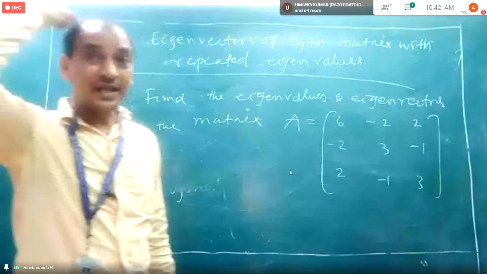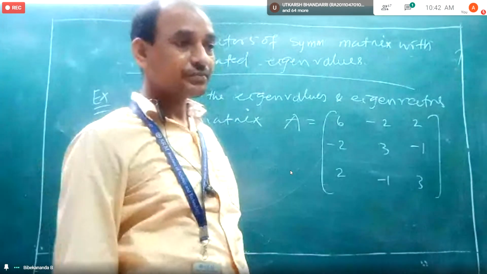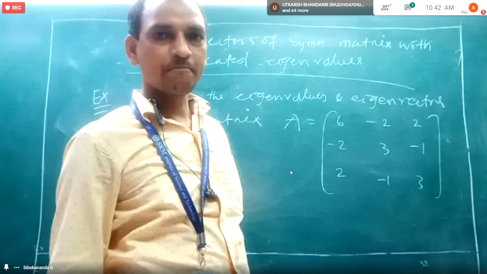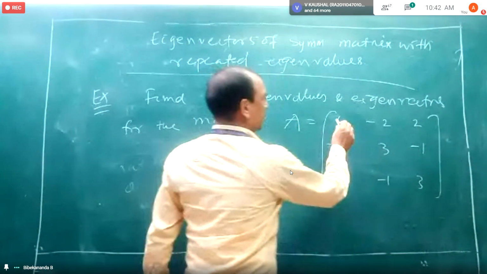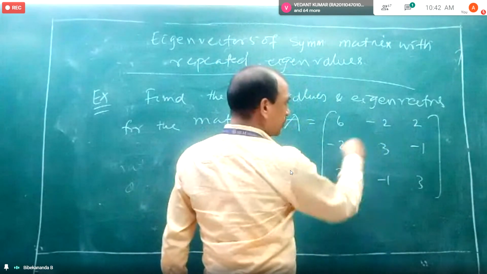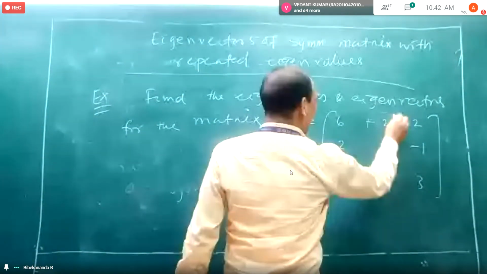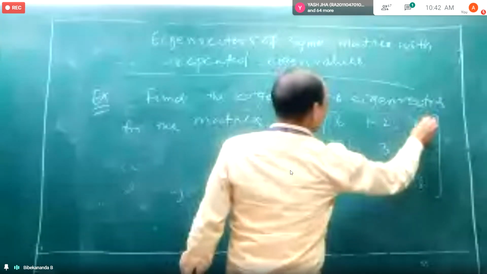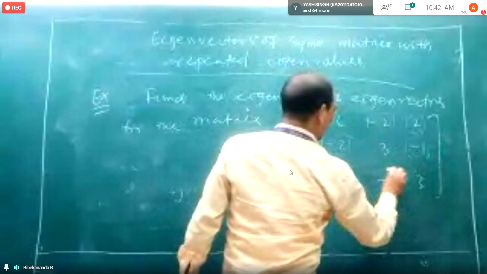Now, whether this matrix is symmetric or not, you check. How could you check it? By taking its transpose. Interchanging rows into columns, there will be no change. You can check that this element is equal to this element, and this element is equal to this element.